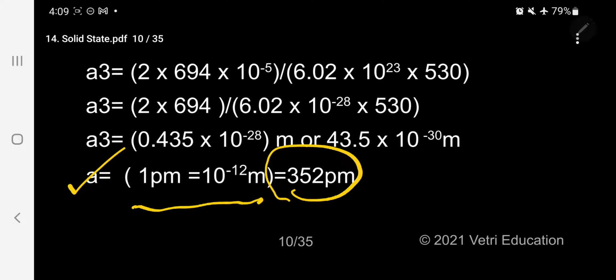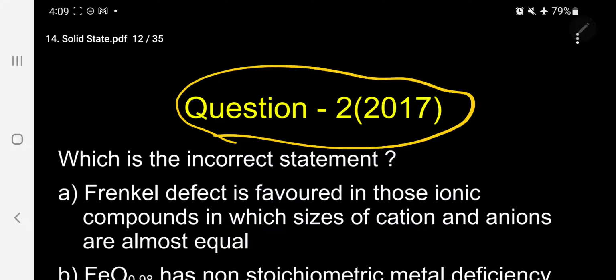Question number 2 was asked in NEET 2017. Which is the incorrect statement? A: Frenkel defect is favored in those ionic compounds in which the sizes of cation and anion are almost equal.